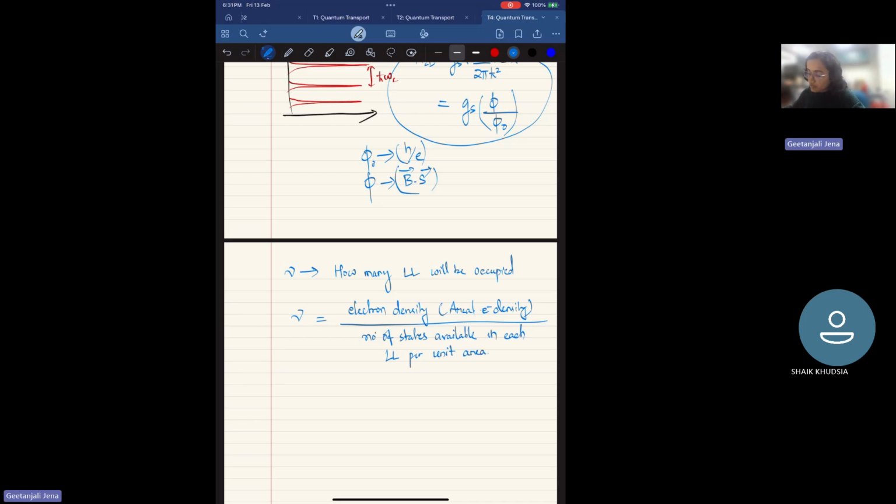So we are basically dividing the number of electrons available by the number of available states in each Landau level.